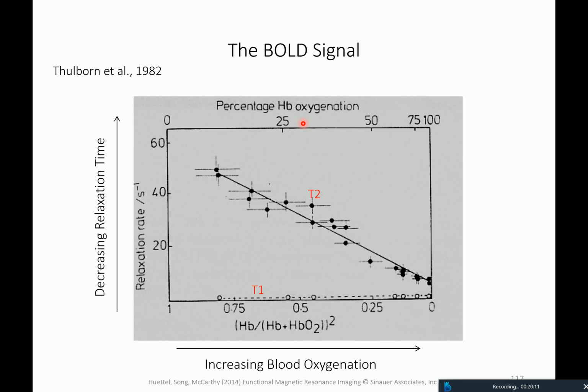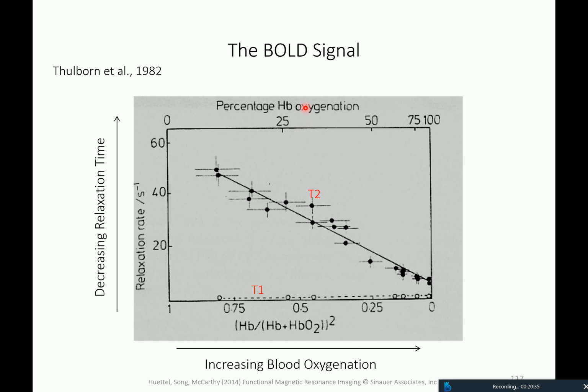Now, what this shows is these early works by Thulborn, without having a scanner at the psychology department, but working more generally in nuclear magnetic resonance and looking at the effects on T2 and T1 relaxation rates.